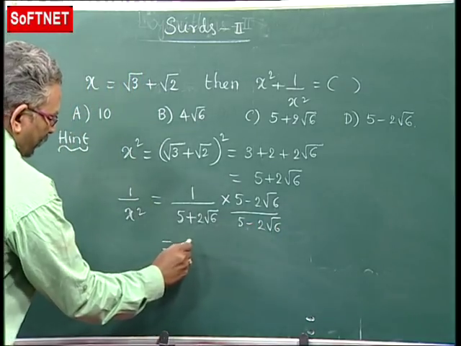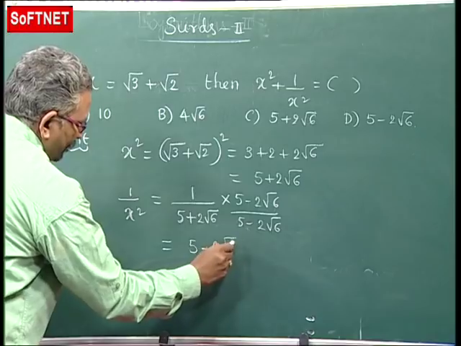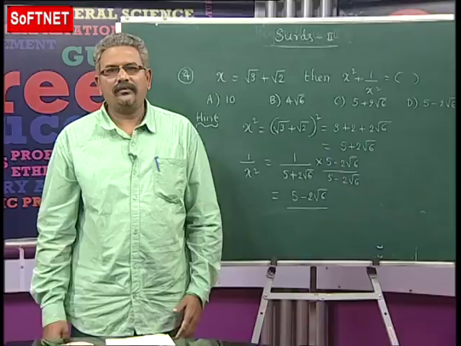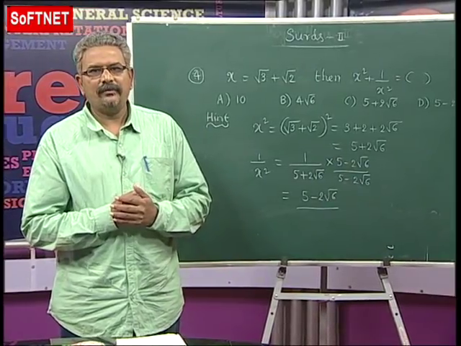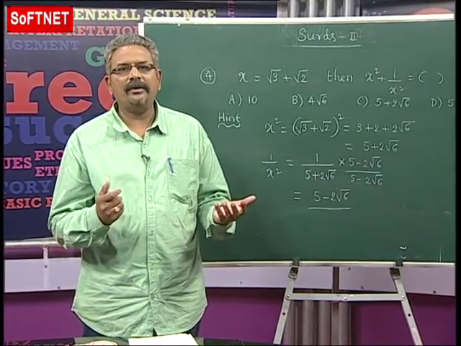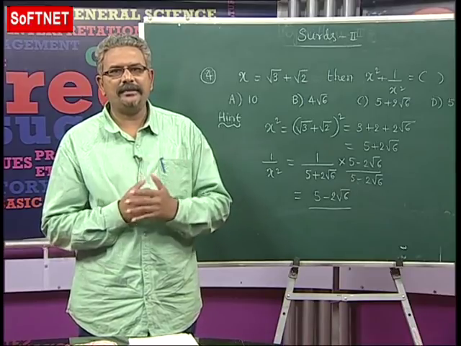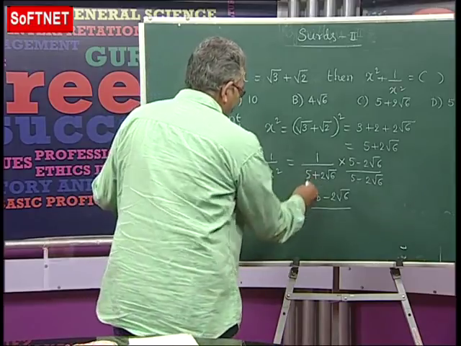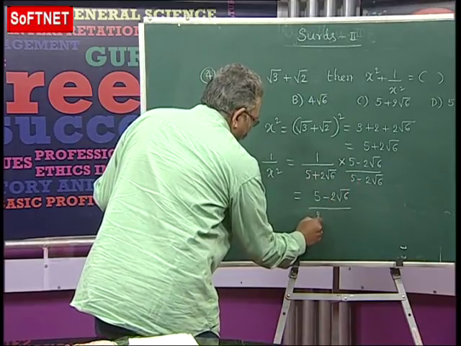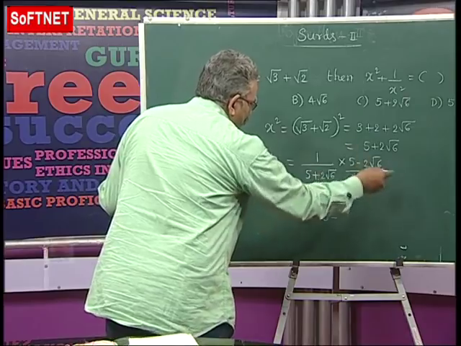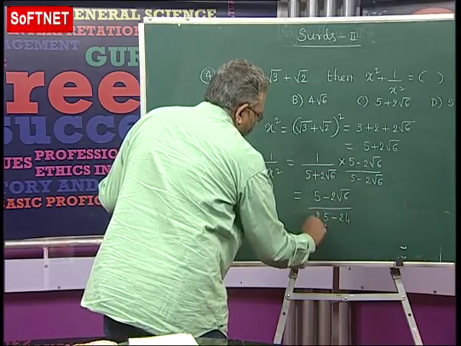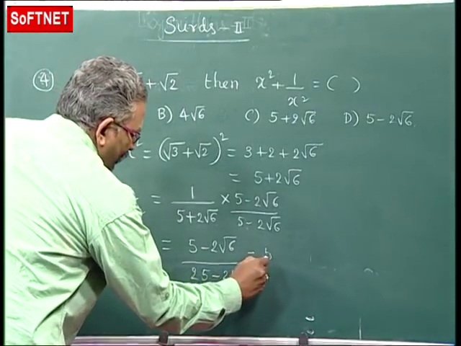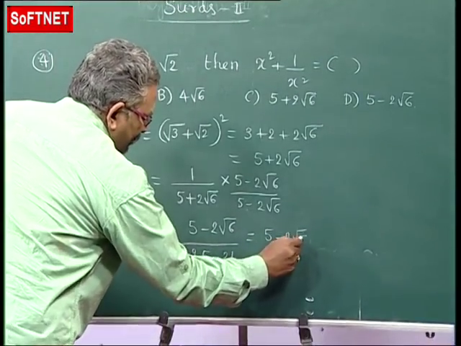Here 5 plus 2 root 6 into 5 minus 2 root 6 is in the form of a plus b into a minus b, that is a square minus b square form. So we can write 5 square, 25, minus 2 root 6 whole square is 24. 25 minus 24 is 1. So we get this is equal to 5 minus 2 root 6.